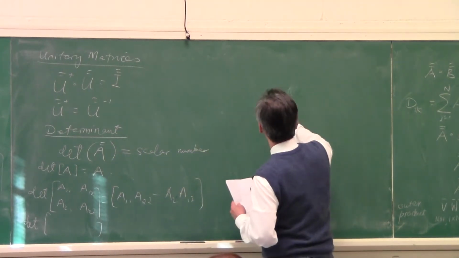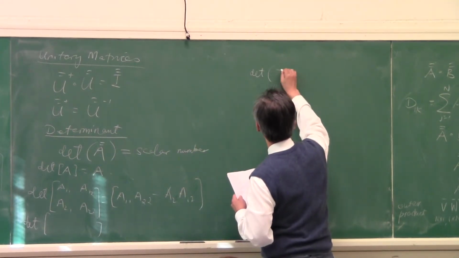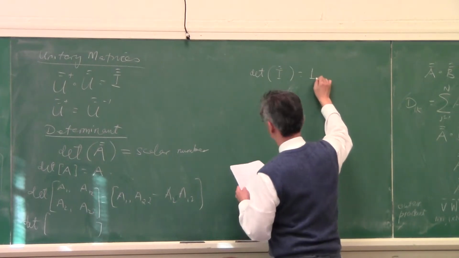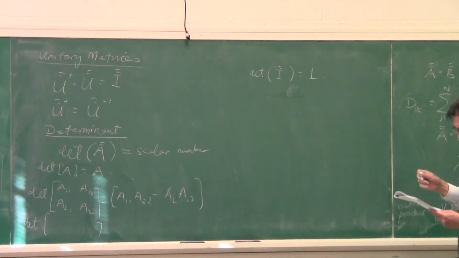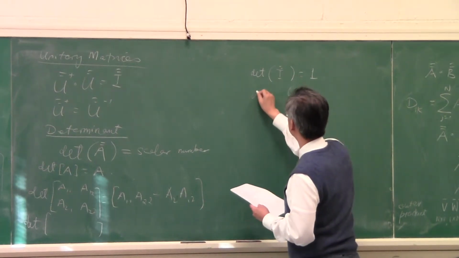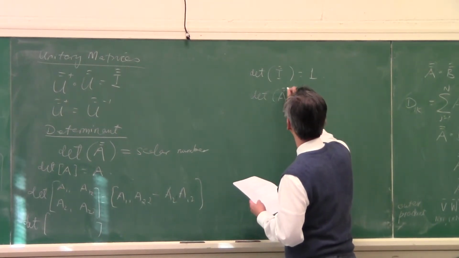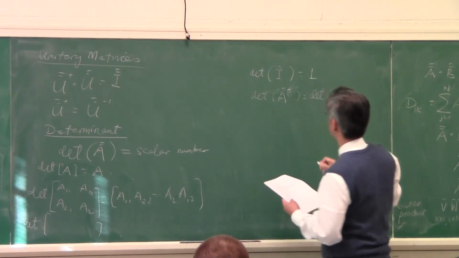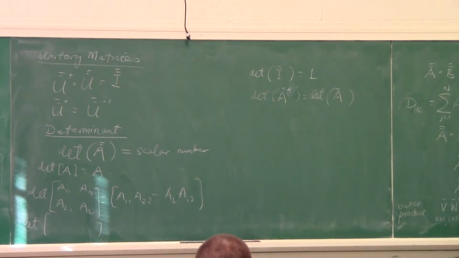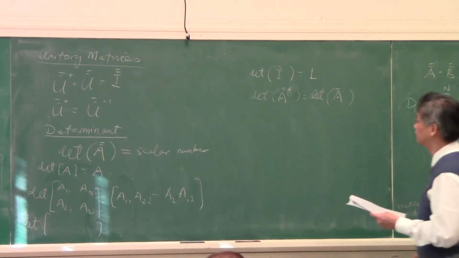There are certain properties of the determinant that you should know. The determinant of the identity matrix is 1. In that case, it's quite easy to show. And you can show that the determinant of the transpose of a matrix is the determinant of itself. Transposing a matrix doesn't change its determinant value.